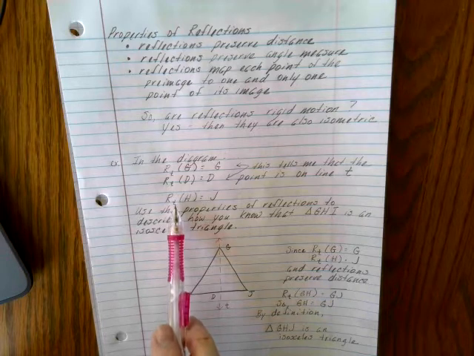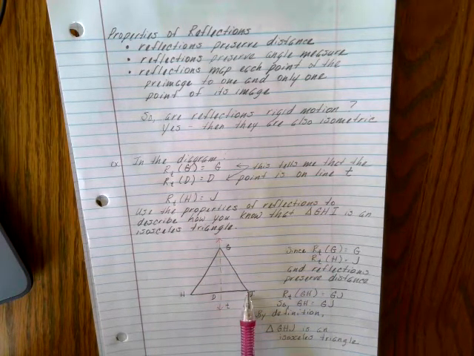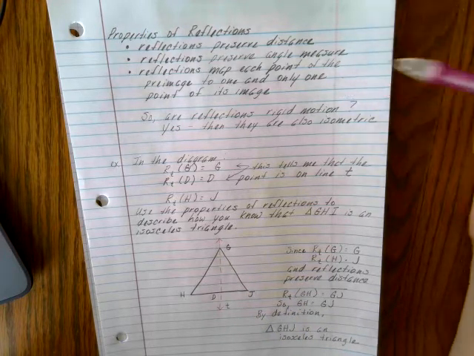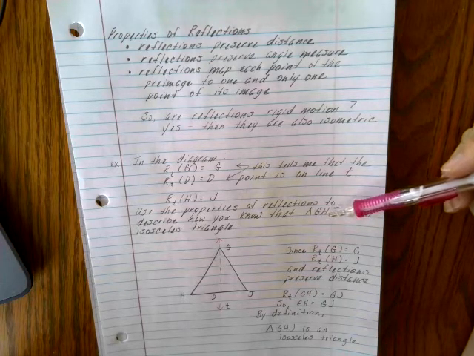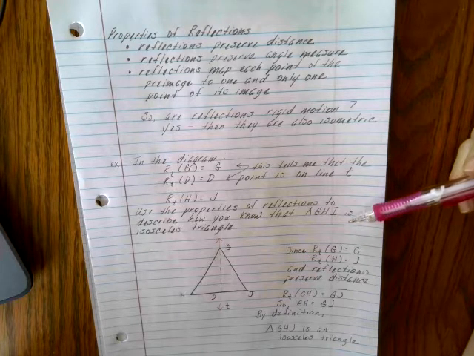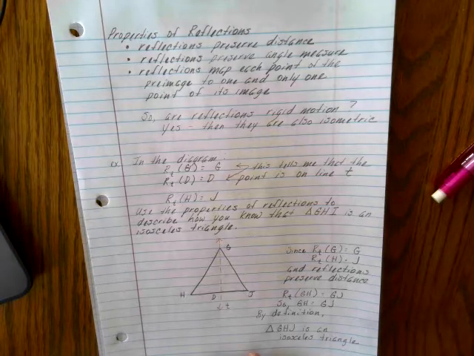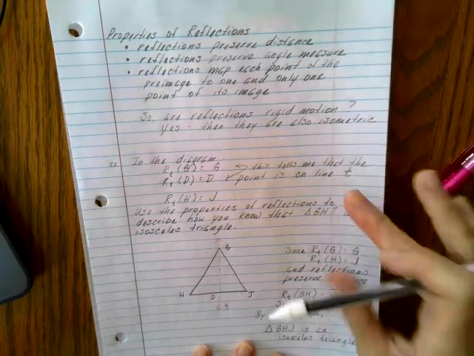Now, on this line, it tells us that the reflection of H is going to give me J. So we're going to use the properties of reflections, which are given up here, to describe how you know that triangle GHI is an isosceles triangle. And I think that's supposed to be GHJ. I think I misread that. So let's fix that to GHJ.